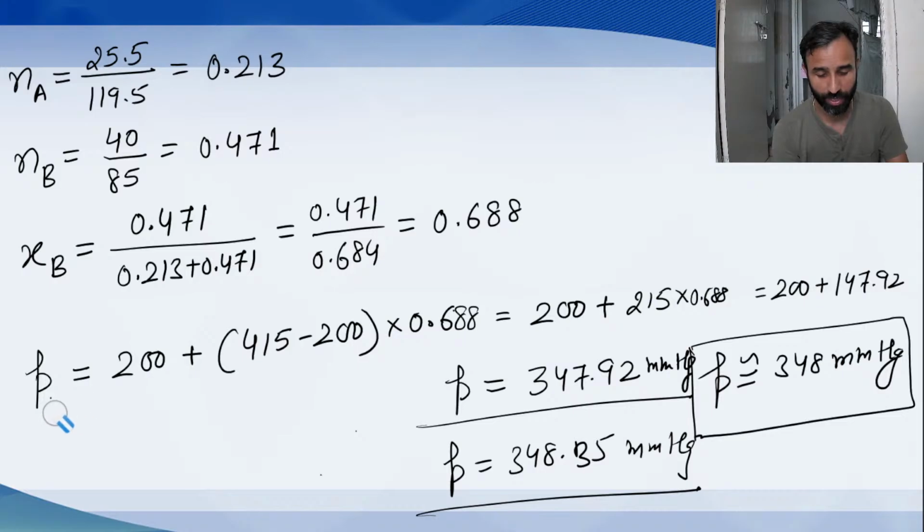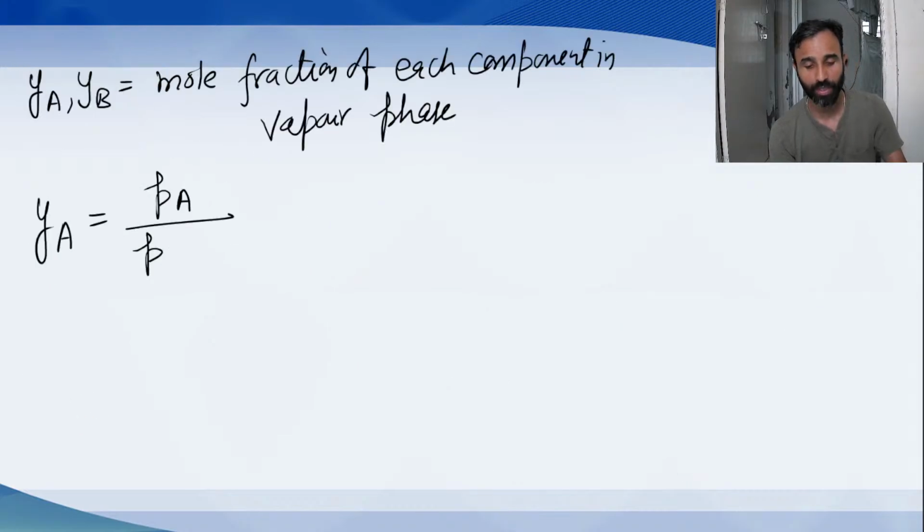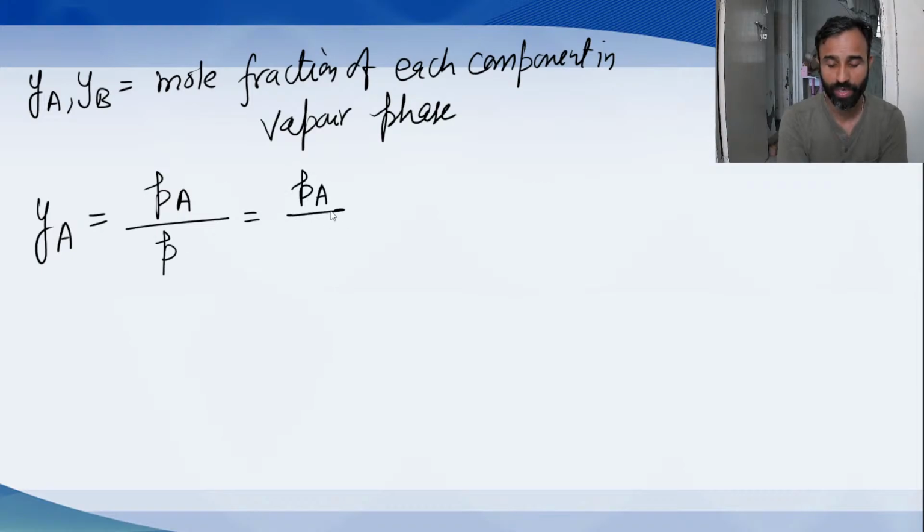So if we take it as P, it is Pa upon P, or we can say it is equal to Pa divided by Pa plus Pb. This is the formula used. But P we know, so just calculate Pa and Pb.